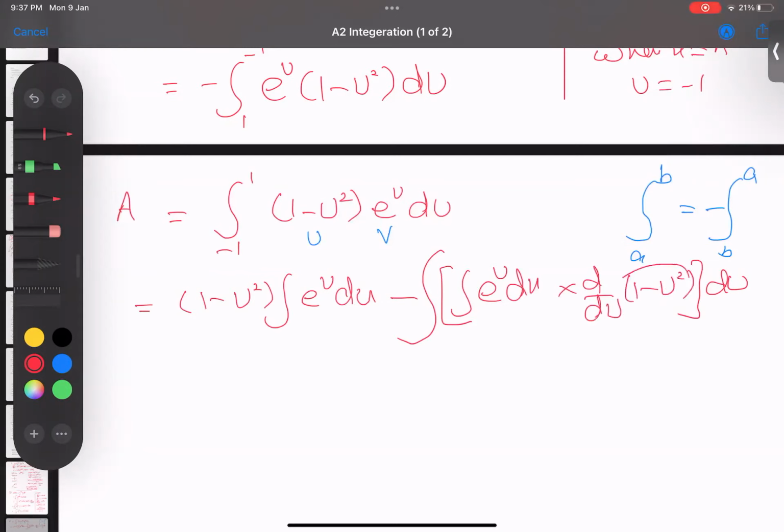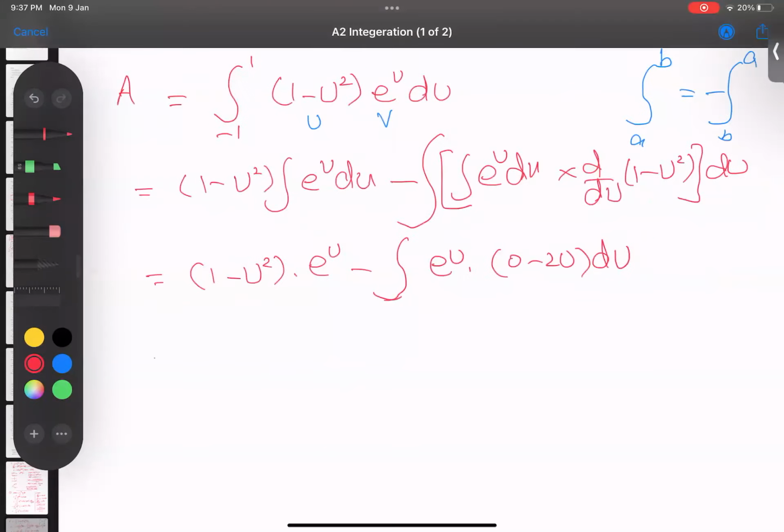But make sure, because u is the function, we write du everywhere. Okay, now I'm going to complete 1 minus u square, and then what is the integration? First you keep it as it is, multiplied by the derivative of the power, and the derivative is 1. 1 you write or don't write, no problem at all. So further, again e to power u into derivative of 1 minus u square, which is 0 minus 2u, and du.